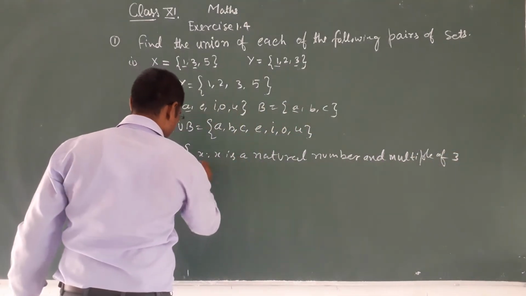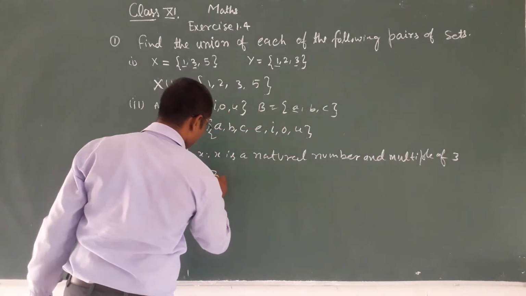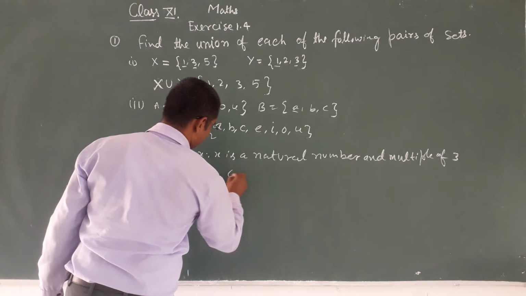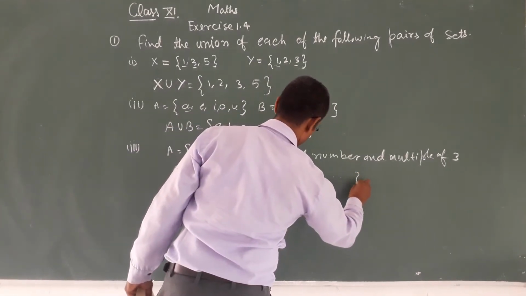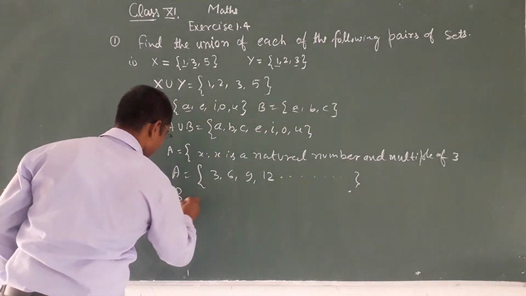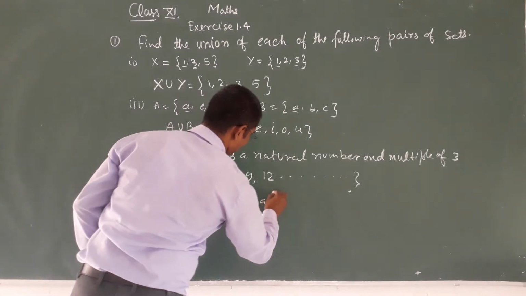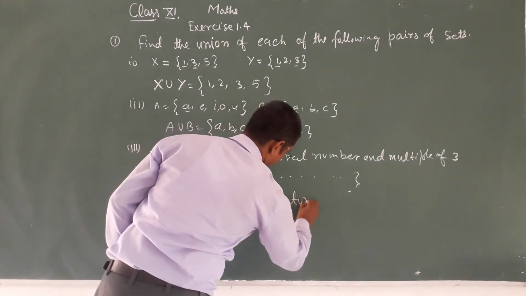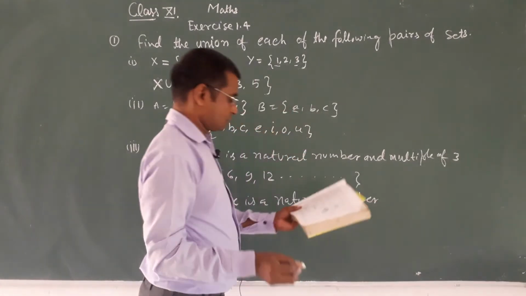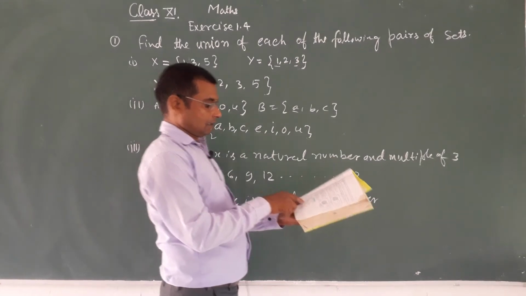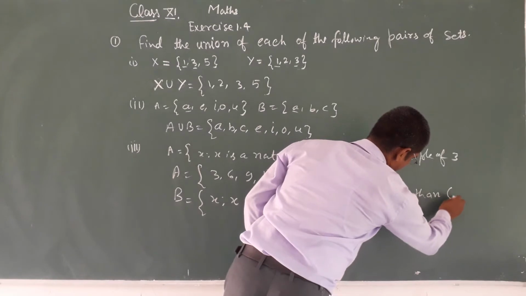So the elements of this set are the multiples of 3: 3, 6, 9, 12, and so on. And another set B is equal to {x such that x is a natural number less than 6}.